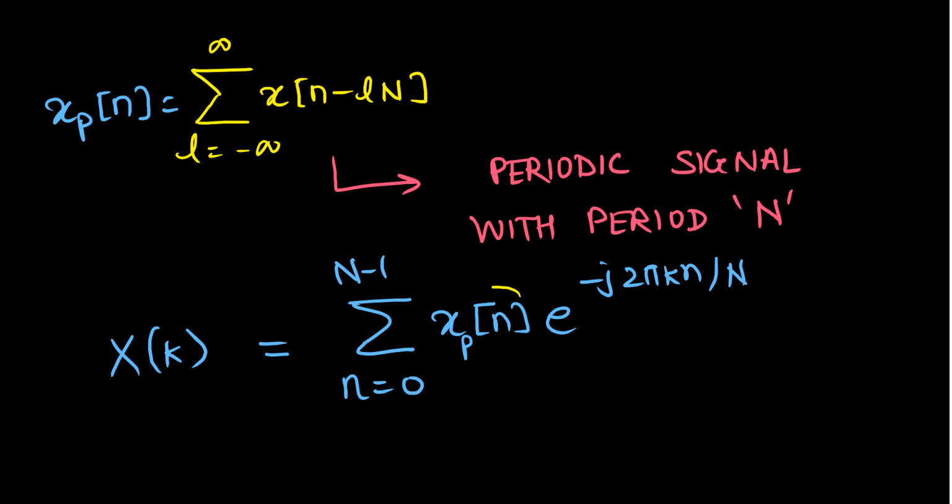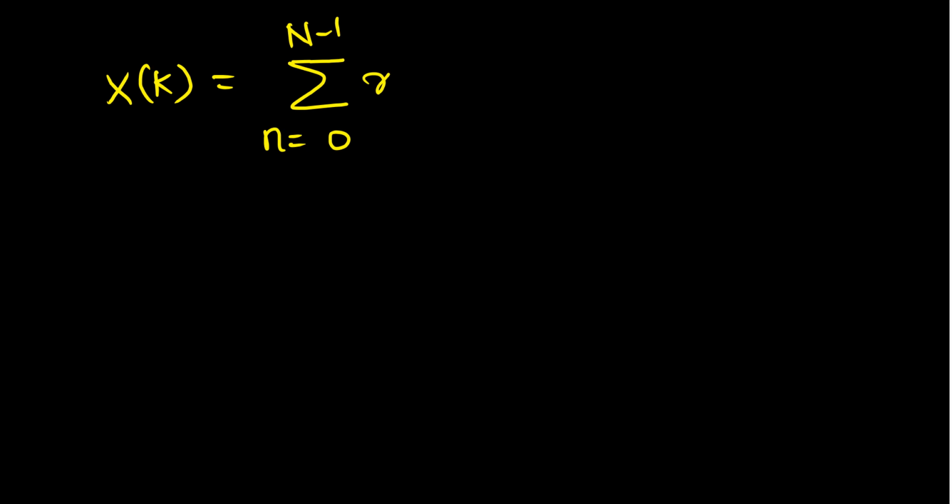So this xp of n for n running from 0 to n minus 1 can be simply replaced by x of n. So what we have is x of k is equal to summation n running from 0 to n minus 1 x of n into e to the power minus j 2 pi kn by n, and this expression that we have obtained is known as the discrete Fourier transform of the signal x of n.